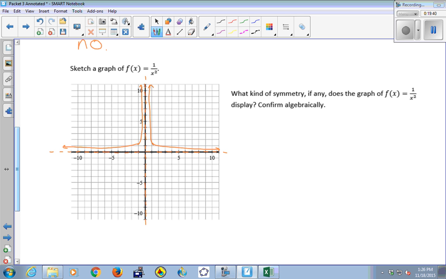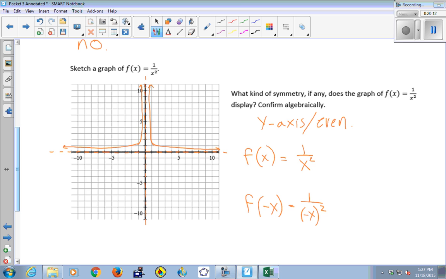What kind of symmetry is that? Y-axis symmetry, also known as an even function. Right, so this is y-axis / even. And then to confirm that algebraically, we want to plug in a positive x: 1 over x squared, and then a negative x: 1 over negative x squared.